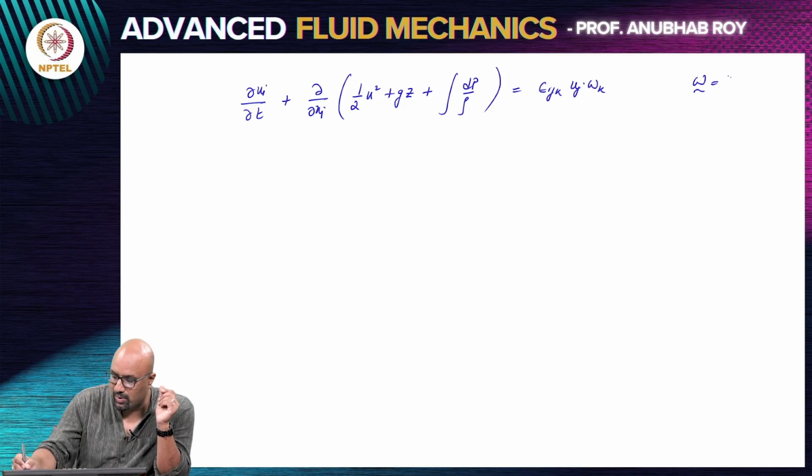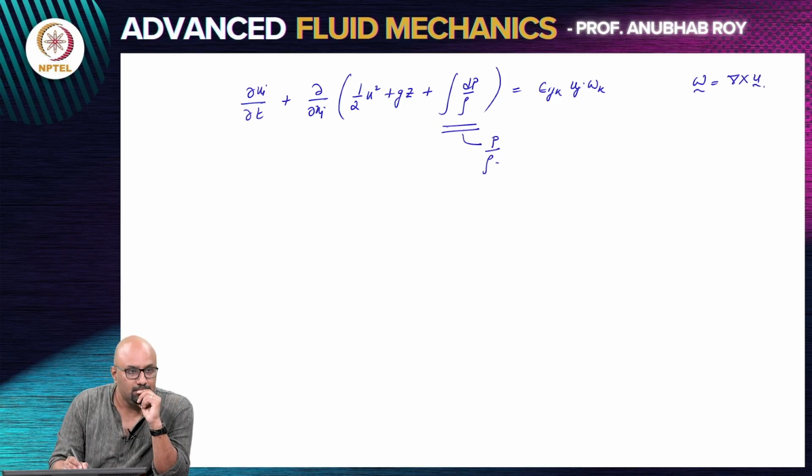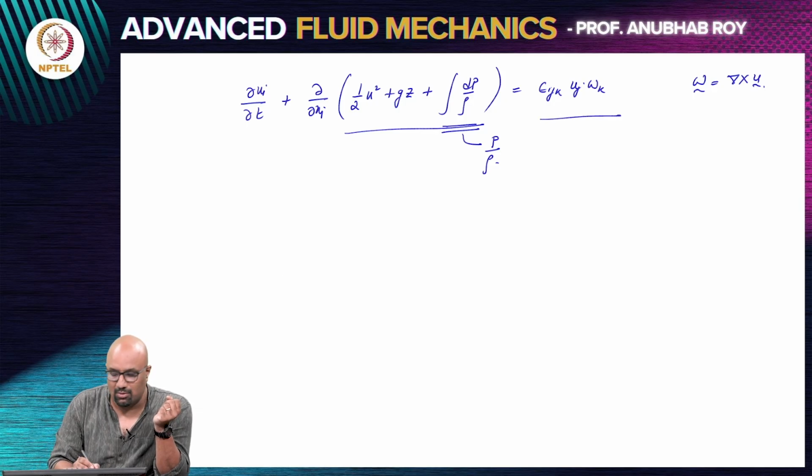Omega, just to remind you again, is the curl of velocity, or the vorticity. If density was a constant, this term would just become P by rho, because if rho is constant, it comes out of the integral and then the integral dP becomes pressure. So now here you have a gradient ∂/∂x_i equal to epsilon_ijk u_j omega_k.